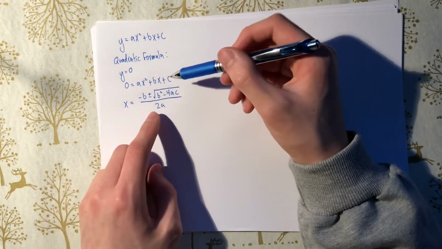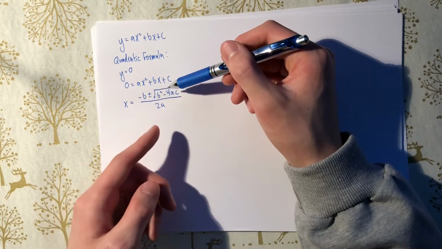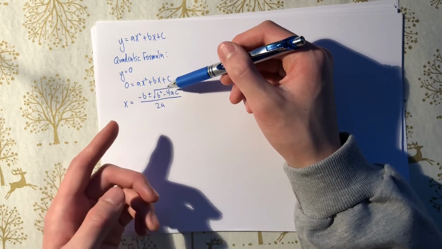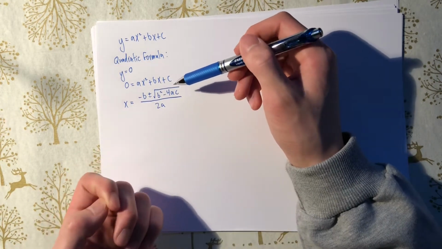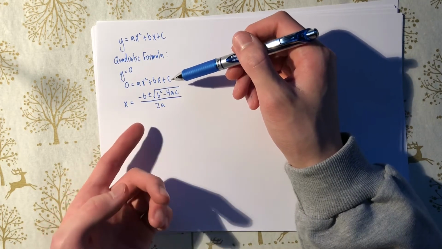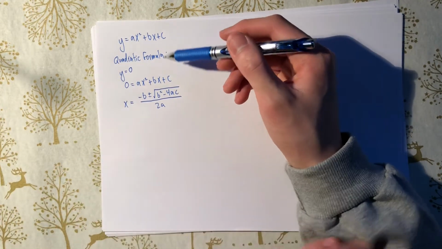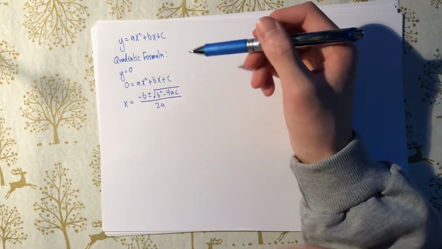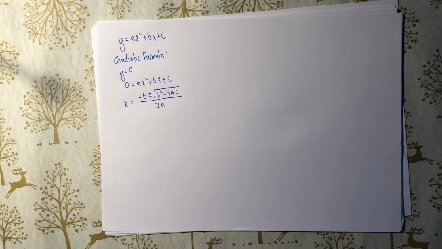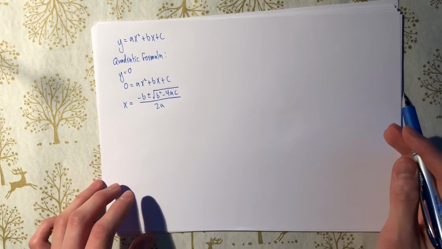Depending on whether it's plus or minus, it will give you two different values for x, and these x values are the roots of the quadratic equation. And obviously the y value at these points is 0, as we stated before, since it's where it crosses the x-axis.